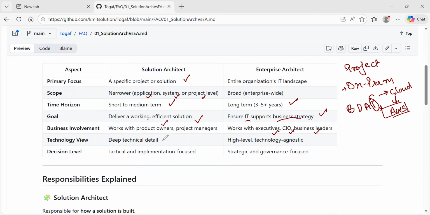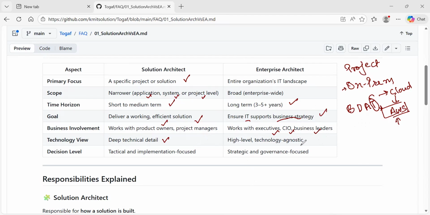Technology point of view. The solution architect is more technical, right? He is the one who provides the solution. Like here, I was giving the example of AWS, so he will be the AWS expert, right? Providing the solution. Whereas the enterprise architect knows the technology, but at a very high level, right?